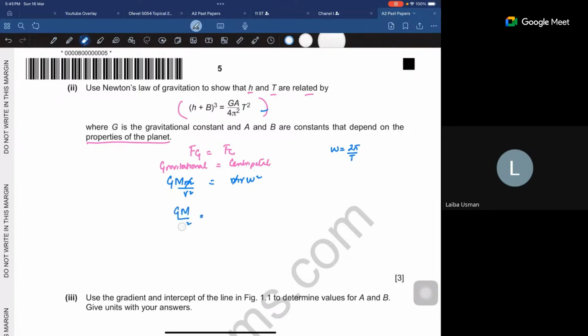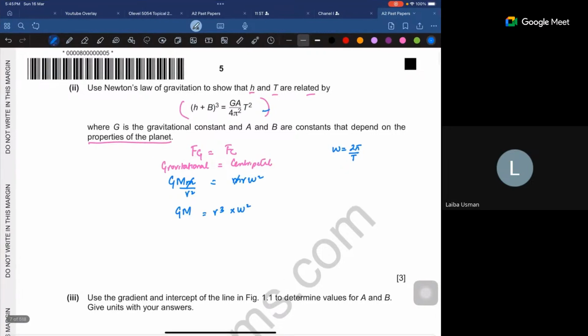I'm going to take r on that side. So it's going to be r cubed times omega squared. And then let's put in the omega squared value, so 2 pi by T whole squared. So GM equals r cubed times 4 pi squared over T squared.